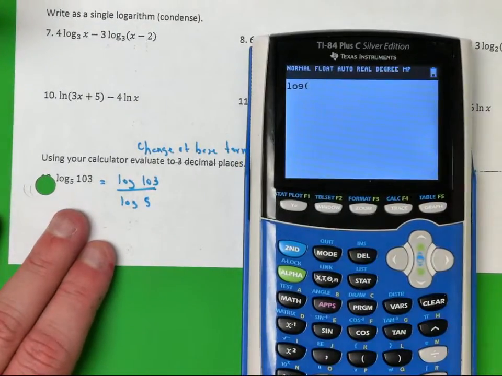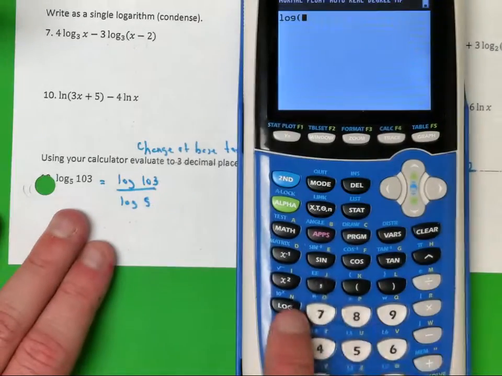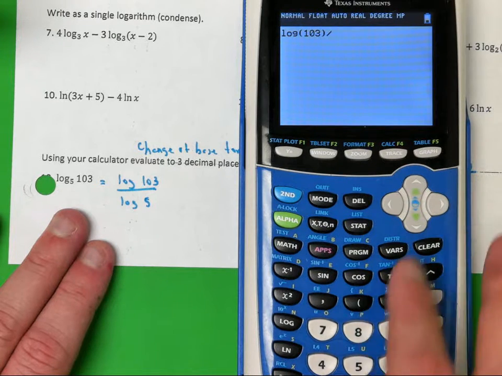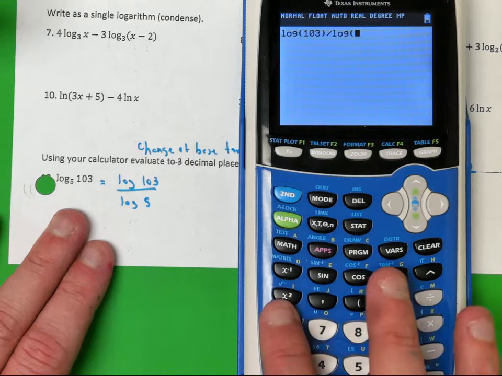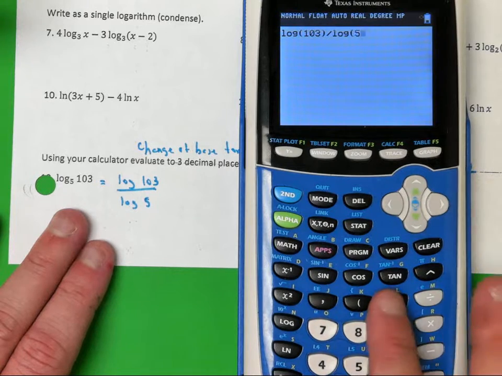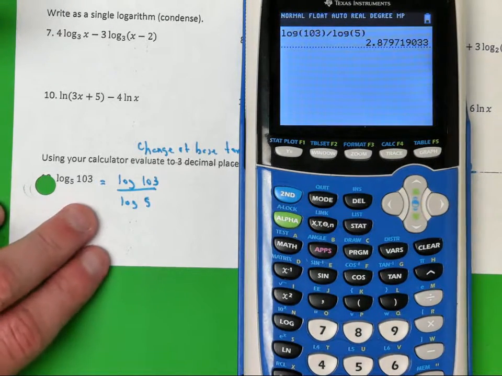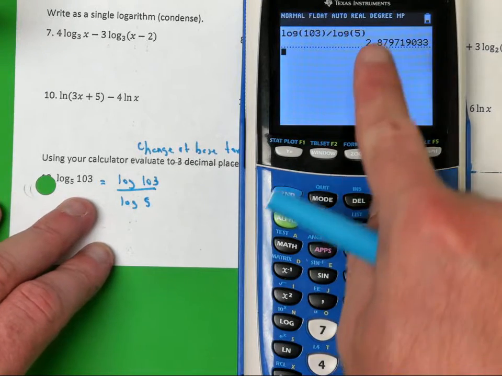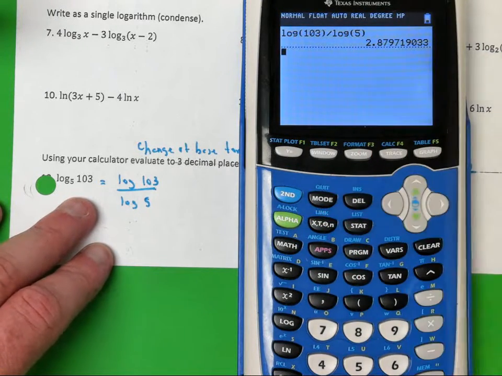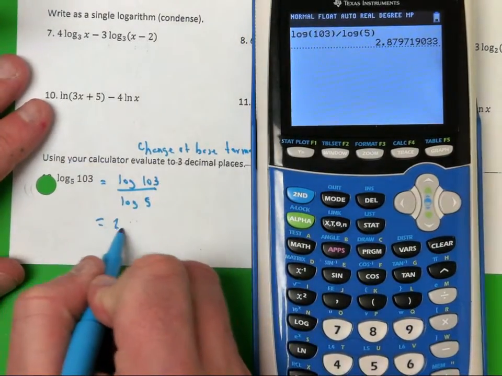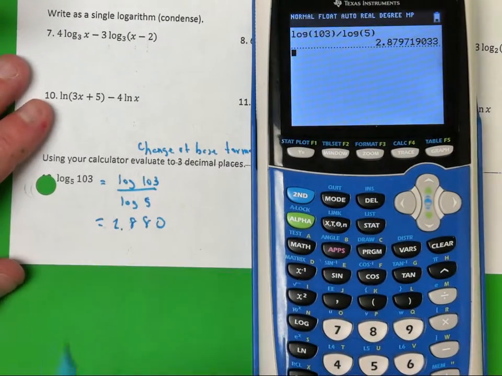I press the log button right there, of 103 divided by log of 5. Hit enter. I'm going to have 3 decimal places, so that would be 2.879, but that 7 rounds that 9 up, so that's going to be 2.880.